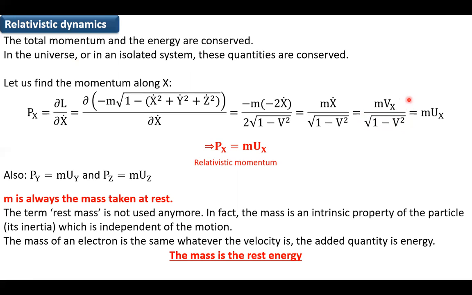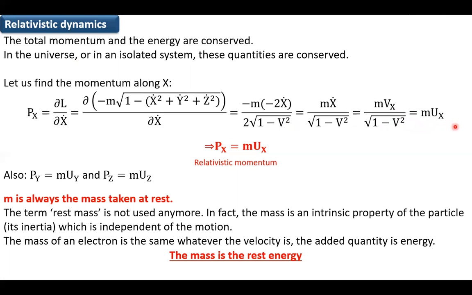And you already know from the 4 velocity, the 4 vector velocity, that vx over radical of 1 minus v squared is the x coordinate of the 4 velocity. It's ux. So px in relativity is equal to m times ux. So instead of having m times vx in the Newtonian case, we have m times ux in the relativistic case.